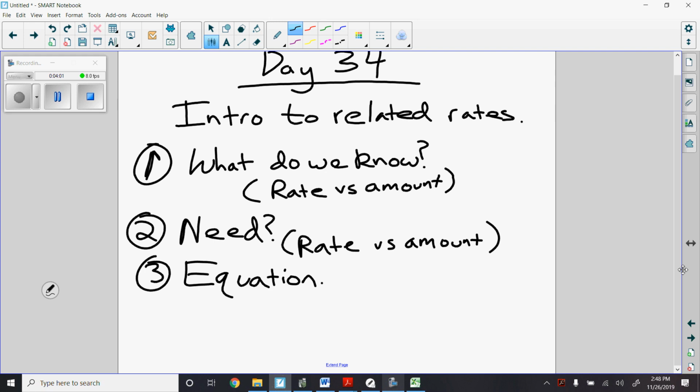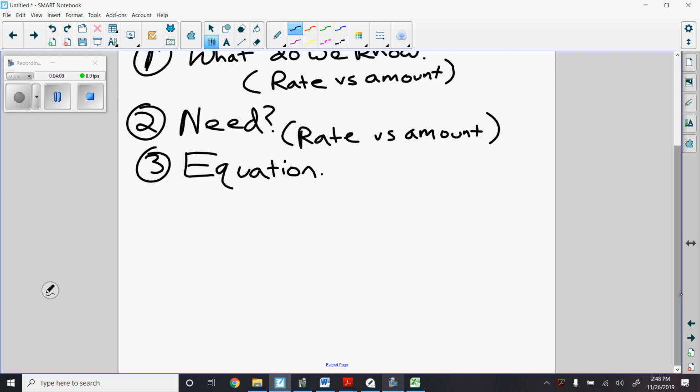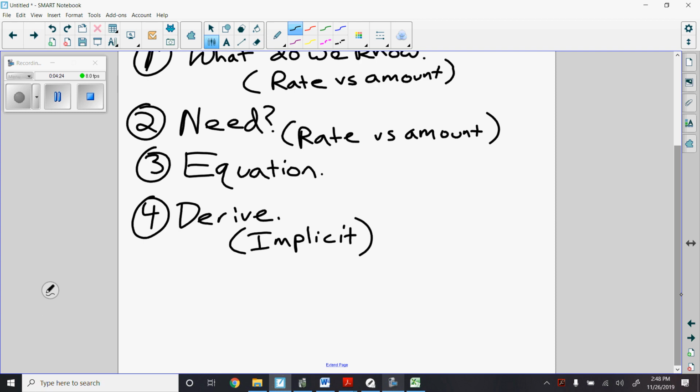Okay, so after we write our equation that relates what we know and what we need, the fourth step is we need to do the derivative, implicit in parentheses.